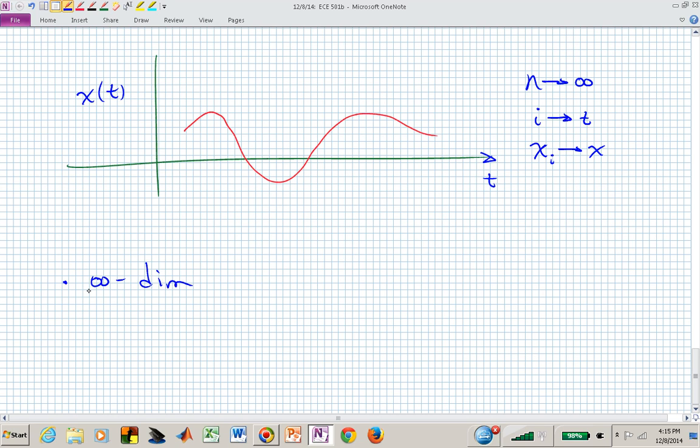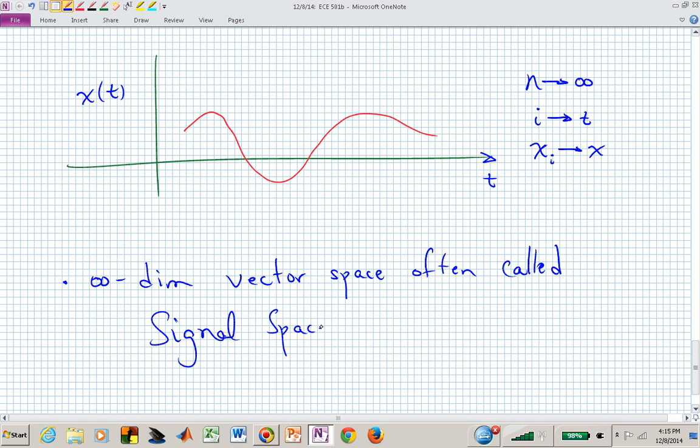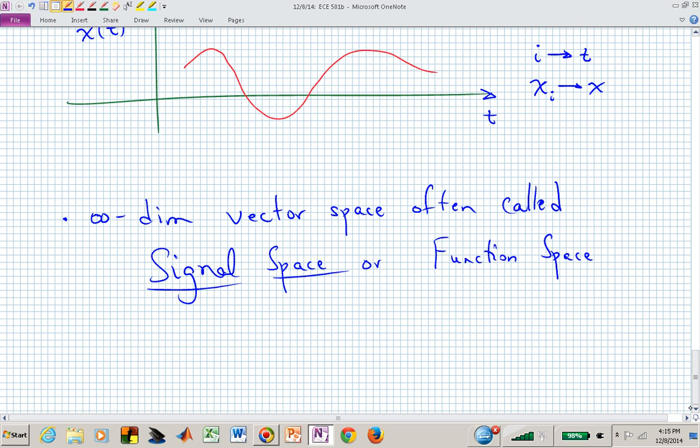As we zoomed out, we had more and more points on the horizontal axis. So now we have an infinite dimensional vector space, which might be called a signal space, or someone else might call it a function space.